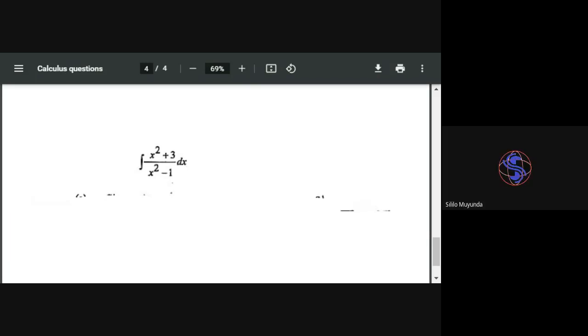Yes, partial fractions, because it's factorable. Is it a difference of two squares? So we can say x squared plus 3 over x minus 1, multiplied by x plus 1.